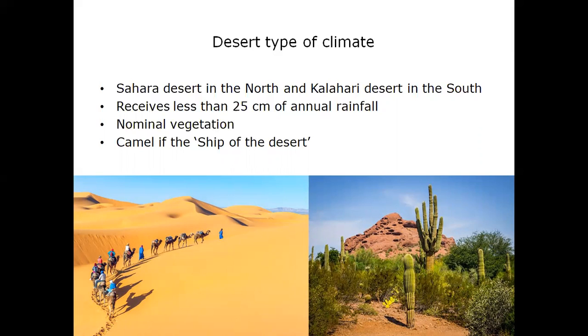And vegetation like cactus plants grow here, which are modified to suit the harsh desert climate. Camels are the most important animal here because they serve as a mode of transportation, which is why they're known as the ship of the desert. But besides that, camels are used to provide milk and meat.